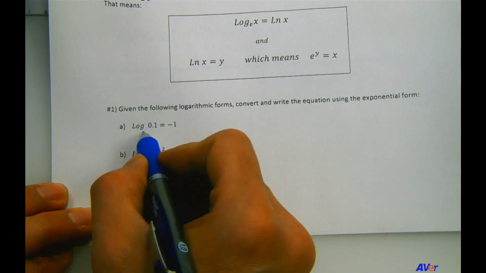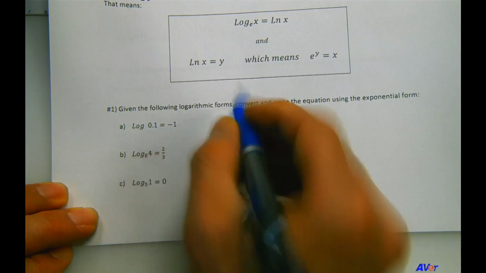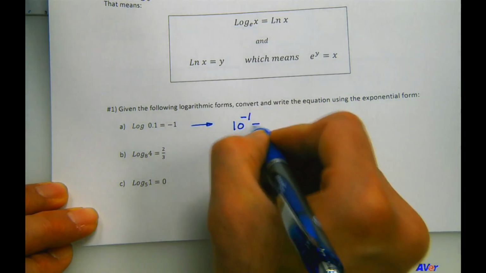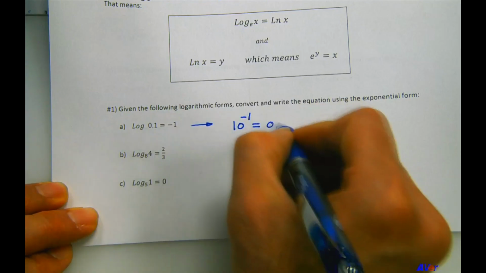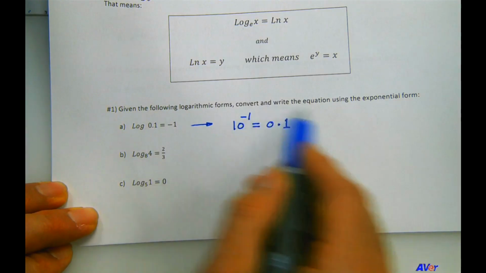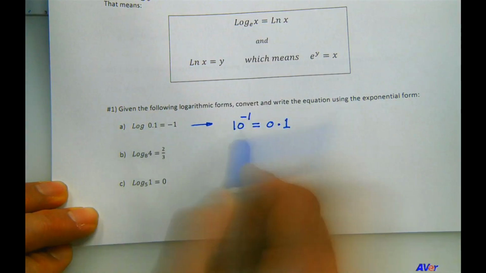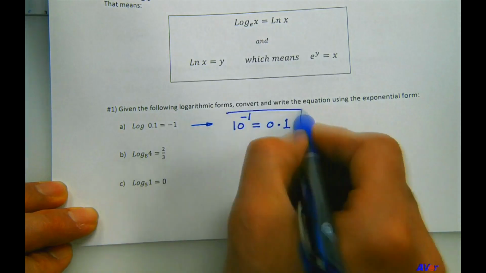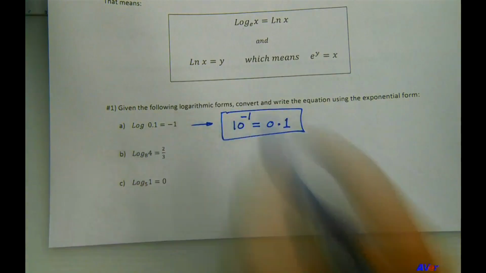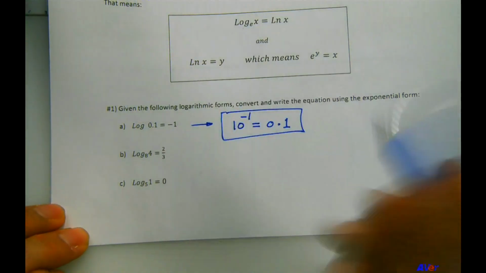So 10 to the -1 power equals this result, 0.1. So we've just converted and wrote the equation in exponential form. That is the exponential form. Okay, the log is gone. Instead, you have an exponential form of that.